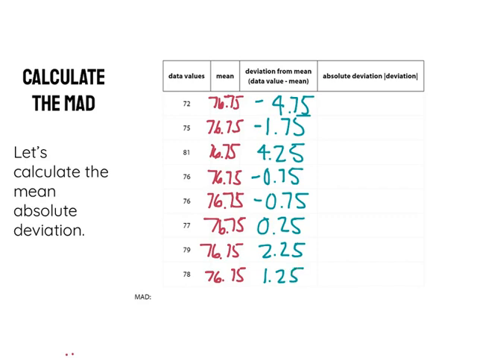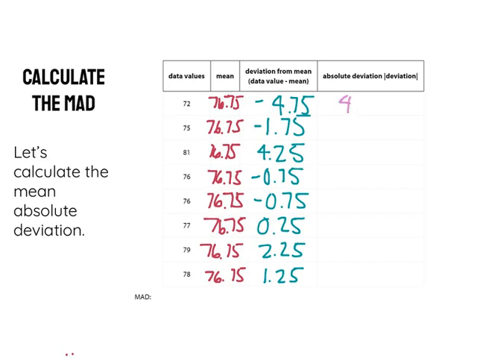So next I'm going to take the absolute value of all these numbers. And remember that absolute value makes everything positive because it talks about distance from 0. So all distances are positive. So I'm going to make sure that all my distances are positive now.